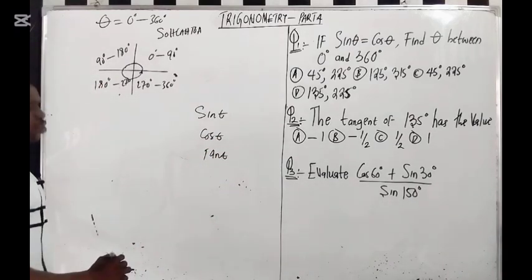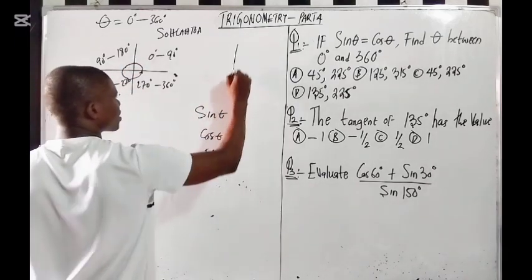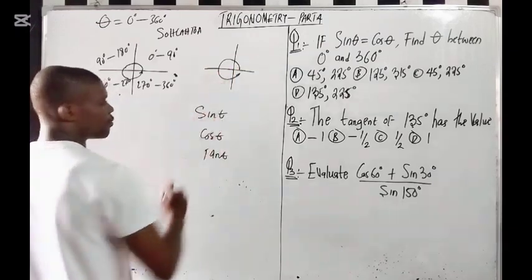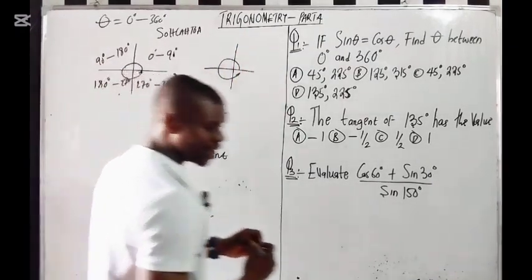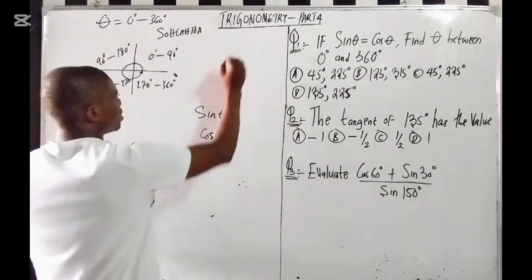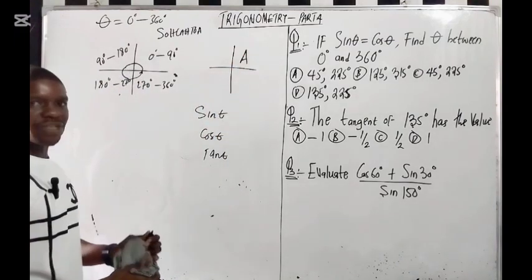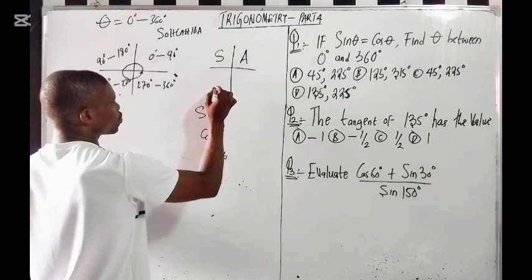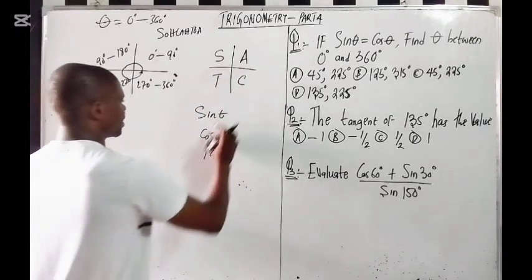So if you check it very well, in the 4 quadrants, the first one means A, and I'll be explaining everything to you here. The second one means S, the third one means T, the fourth one is C.